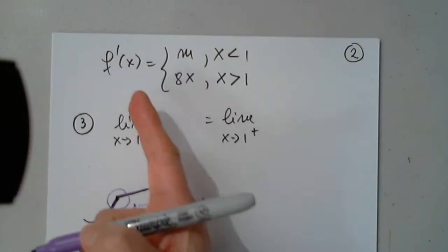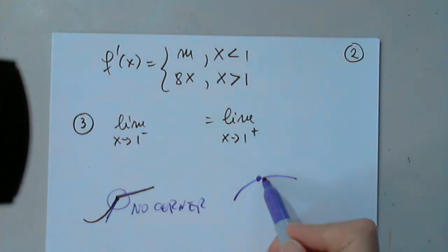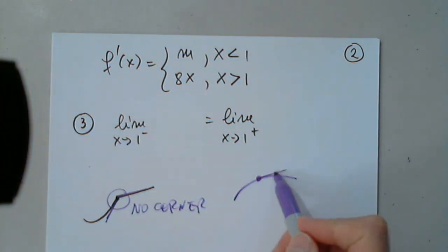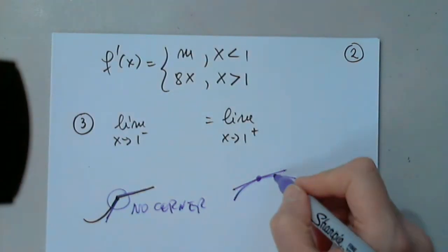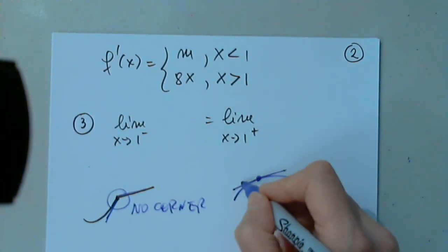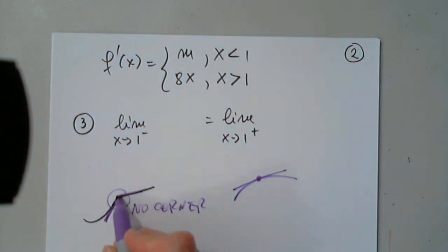So this condition about the derivative means this. The tangent from the right is the same as the tangent from the left. In other words, the slope here equals the slope here. The slope here cannot equal the slope here because it's a corner.